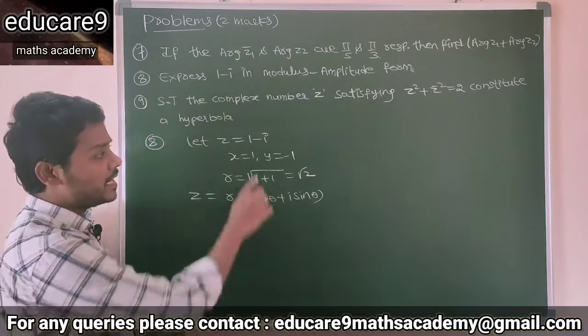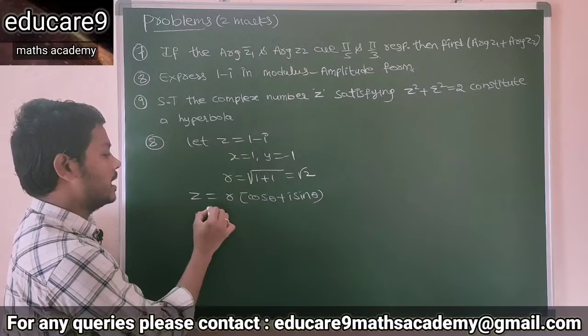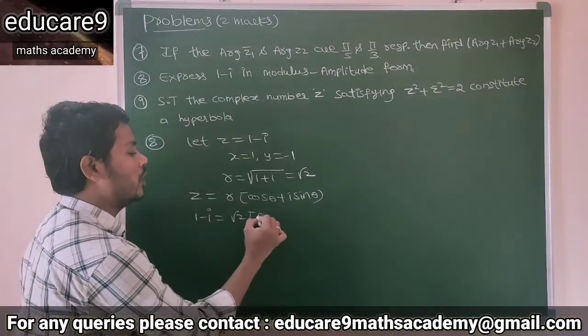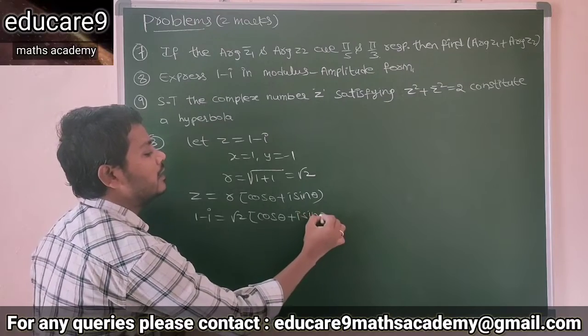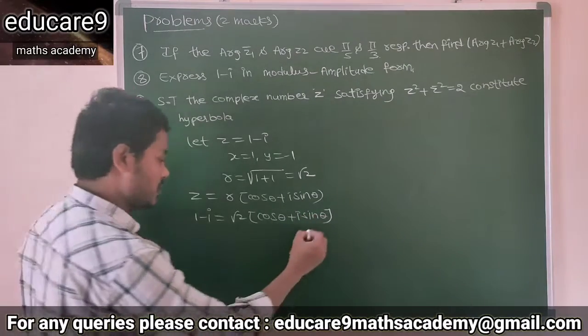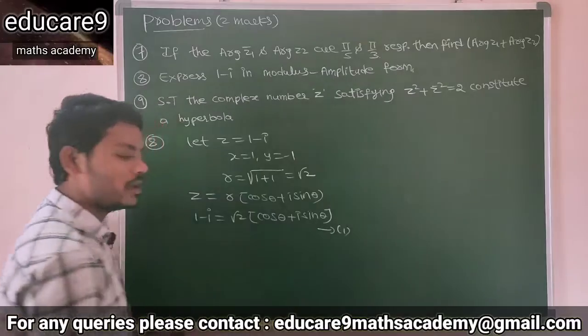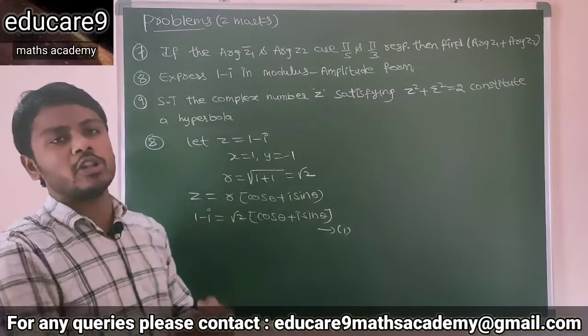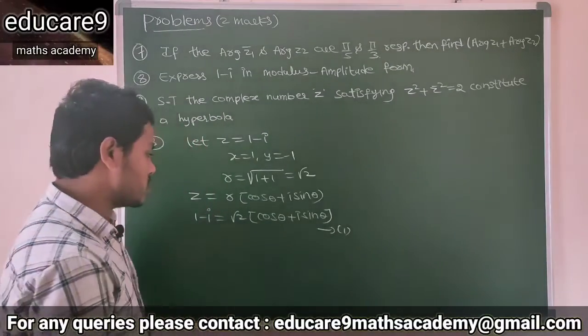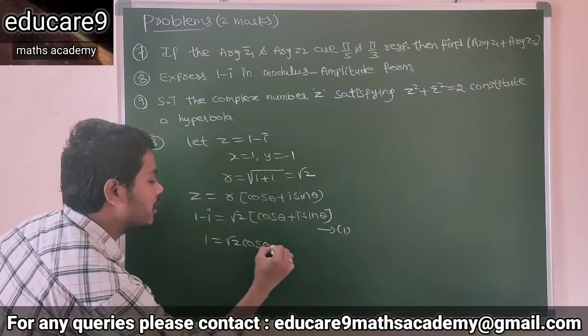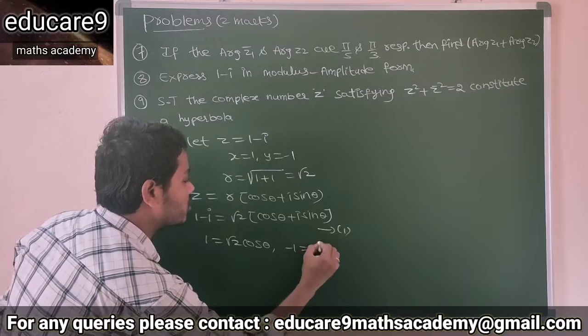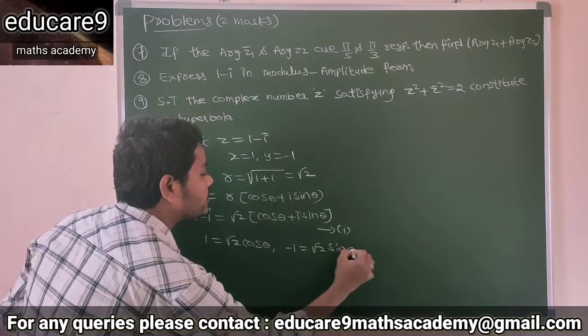But what is z here? 1 minus i is equal to root 2 into cos theta plus i sin theta. So this is equation 1. So now comparing both real and imaginary parts, that is 1 is equal to root 2 cos theta, minus 1 is equal to root 2 sin theta.